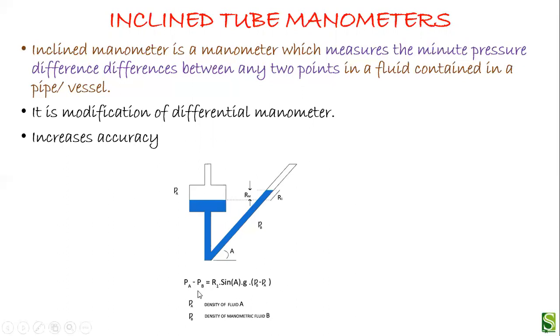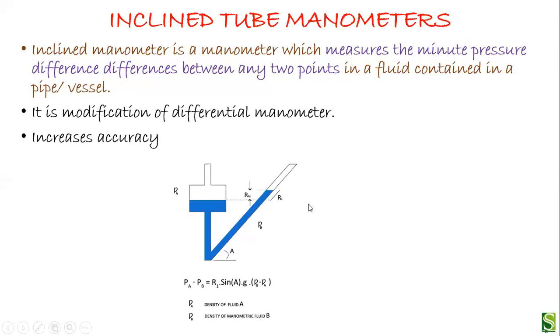PA minus PB is equal to R1 sine A into G into (rho A minus rho B). Now what is sine A? Sine A is the angle. If you lower this inclined arm, then the value of A is going to decrease.